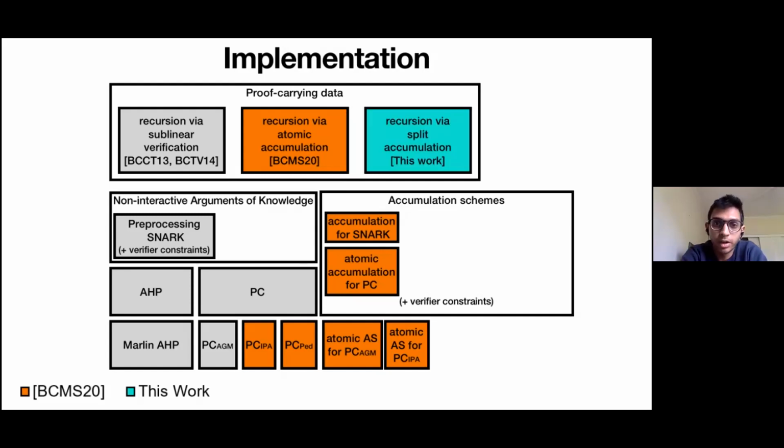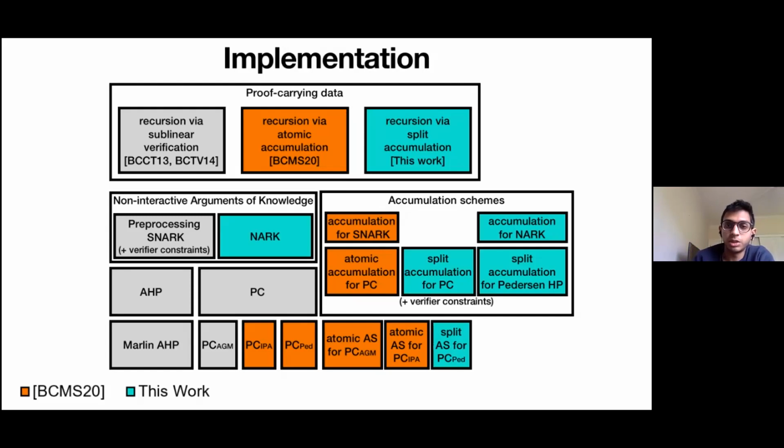And then we also implemented the schemes from this work. Within this accumulation scheme API, we made sure that we can handle split accumulation. And then we implemented in that our NARK, as well as the accumulation scheme for that NARK, as well as split accumulation for a very simple polynomial commitment.